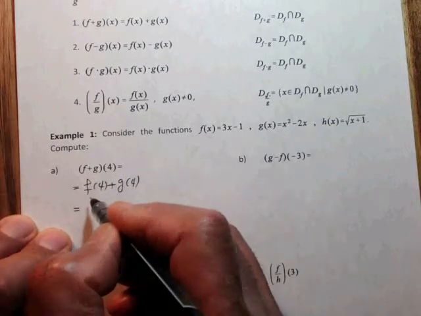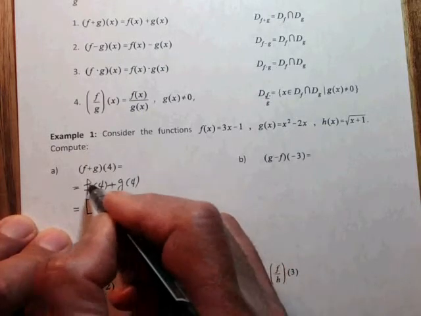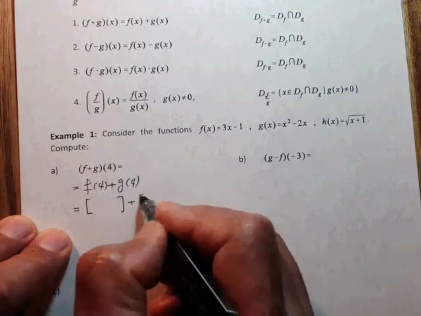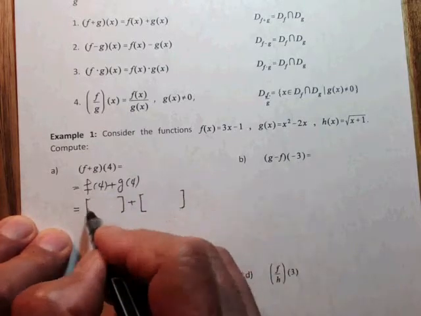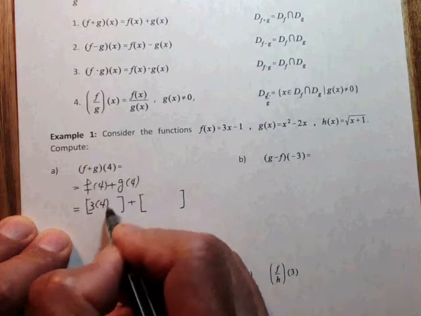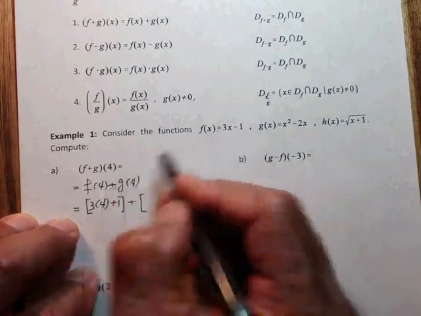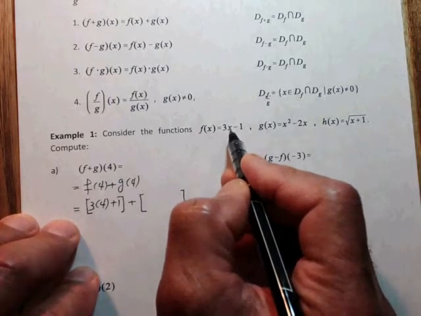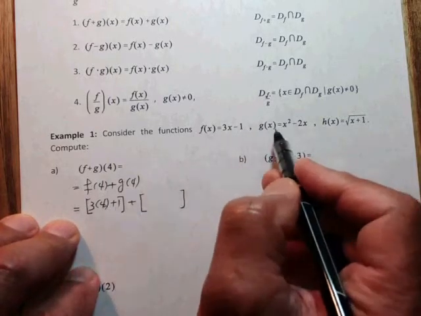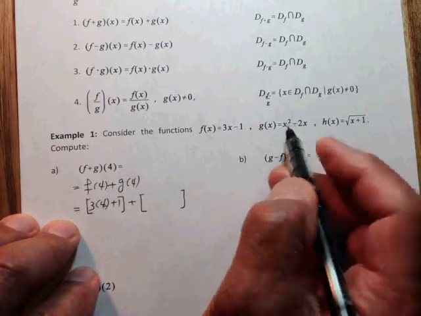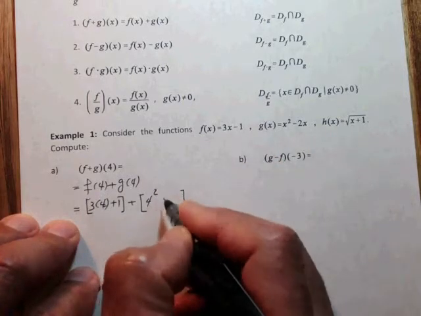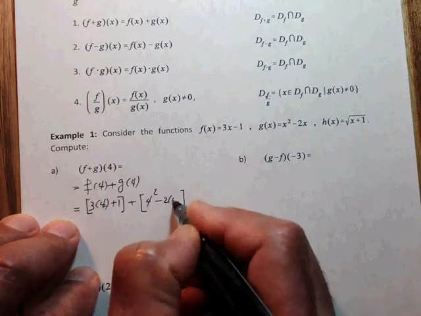f at 4, maybe I use brackets here. f at 4 would be 3 times 4 plus 1. You see, for f of 4, you replace this x by 4. And for g of 4, you replace these x's by 4. So it's going to be 4 squared minus 2 times 4.